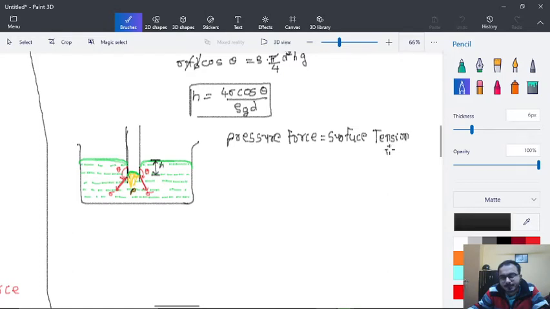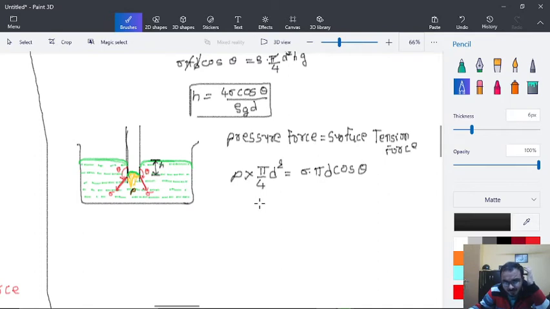Okay, so here its formula will be P into pi by 4 d square is equal to, surface tension force will be again sigma pi d cos theta.